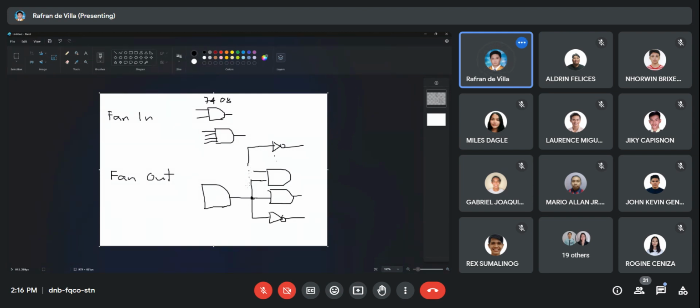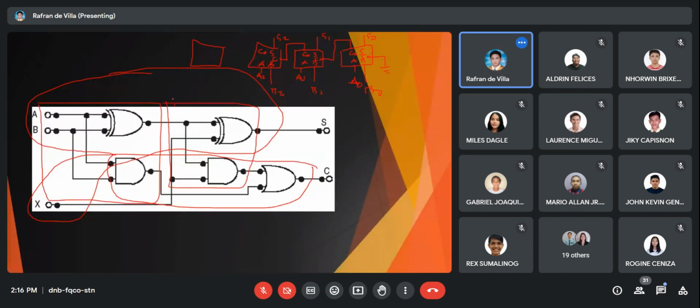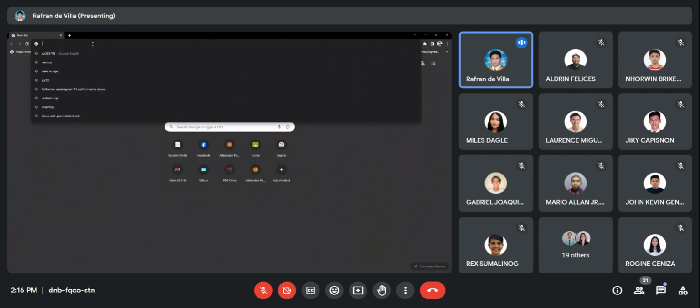Okay? So let's say the output of that 7408. How will we know that? Okay? Do we have a table for that, or do we need to compute that? Okay, now if you try to look at a data sheet, let's try to open a data sheet.